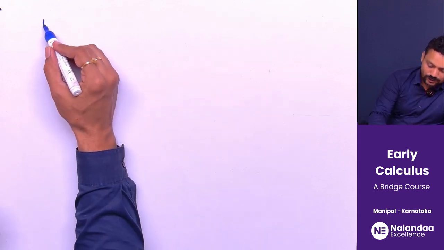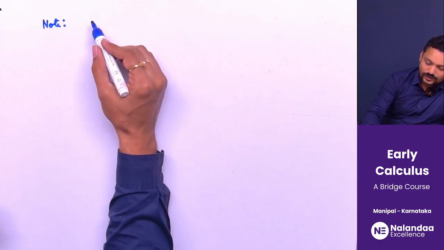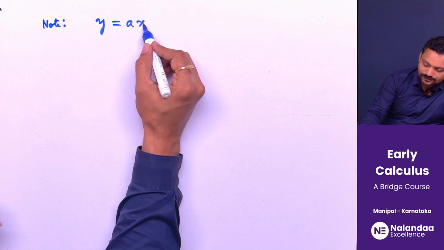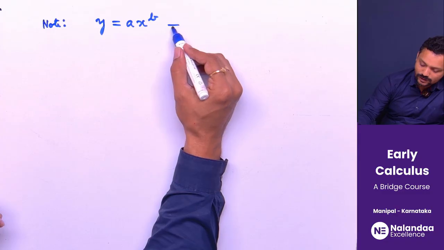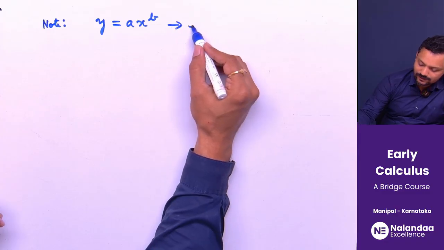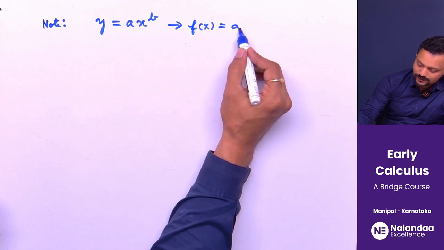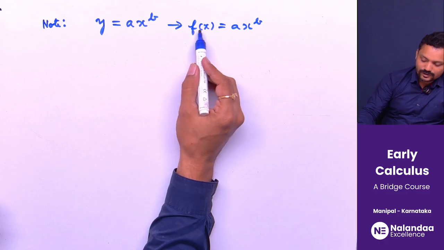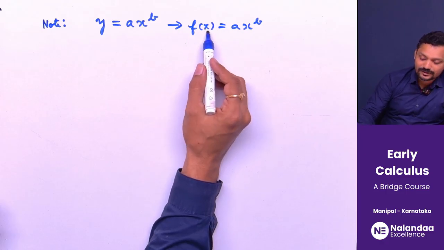So, we just want to give a note here. Now, the equation y is equal to a x power b can also be written as f of x is equal to a x power b. So, instead of writing y, you can also write it as f of x, where we say that this is a function of x.